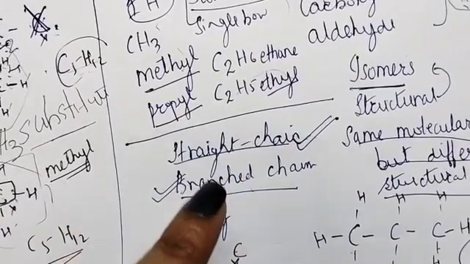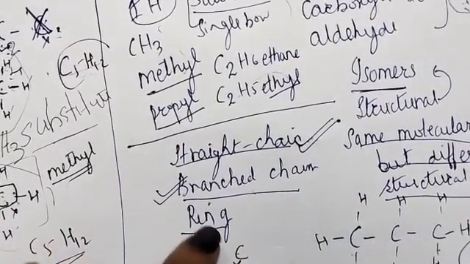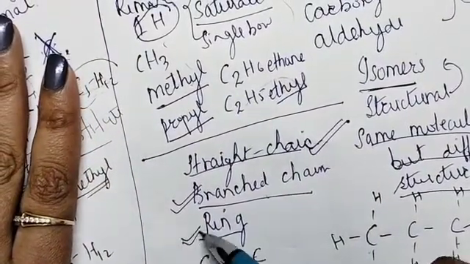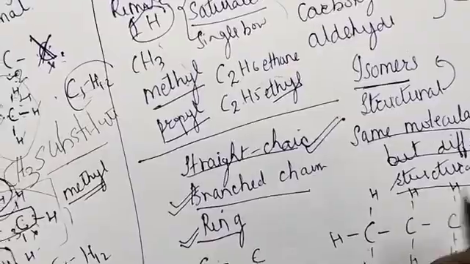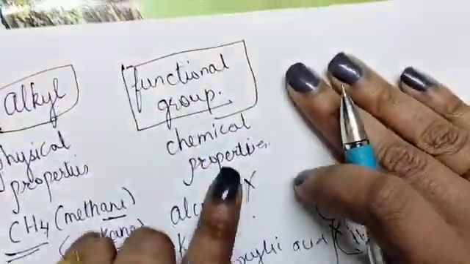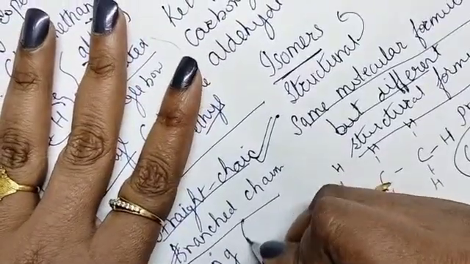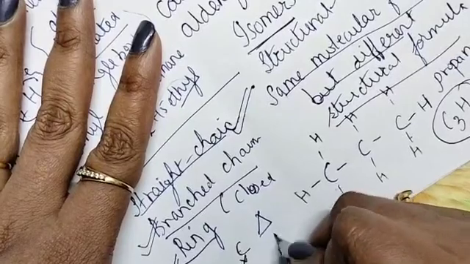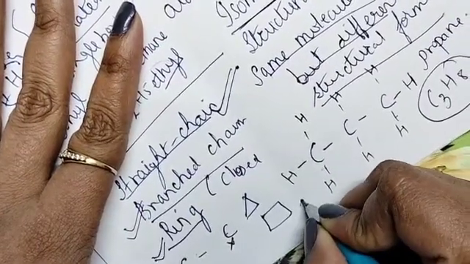Okay. And if they've mentioned ring, let's understand the last type, which is called the ring structure. So as it is C5H12, a ring structure is usually a closed figure, like a triangle or square or rectangle.